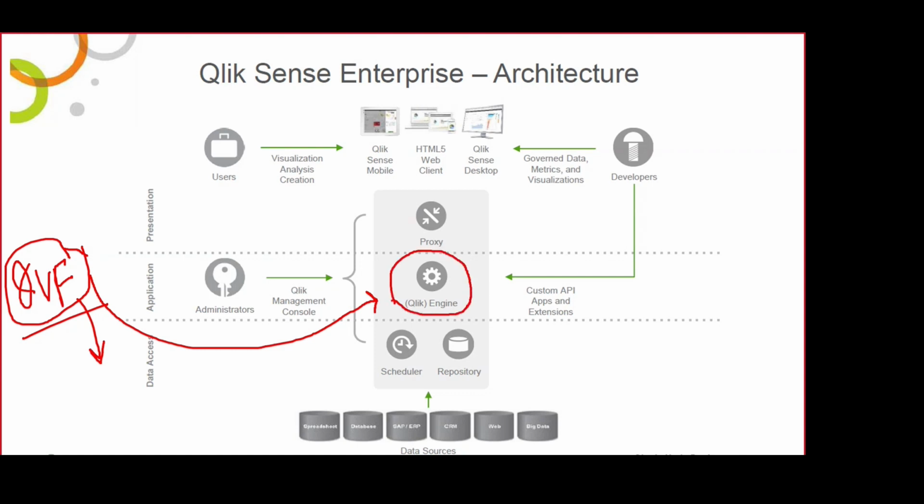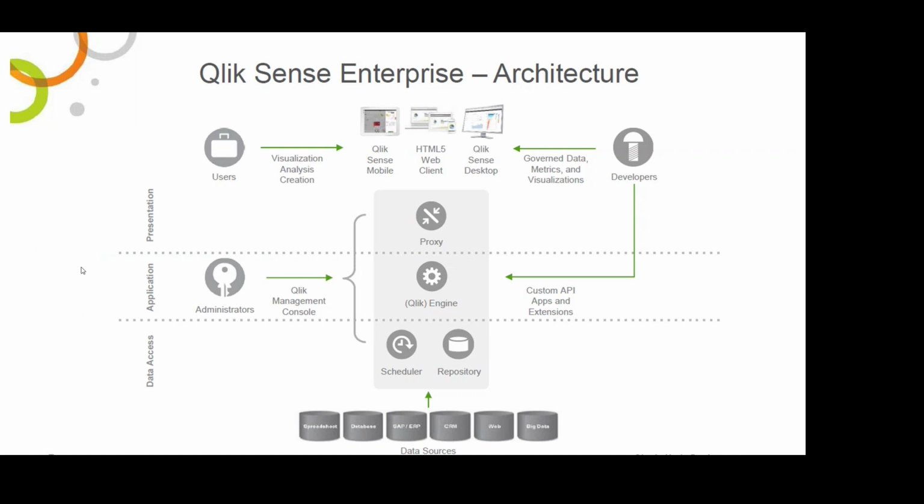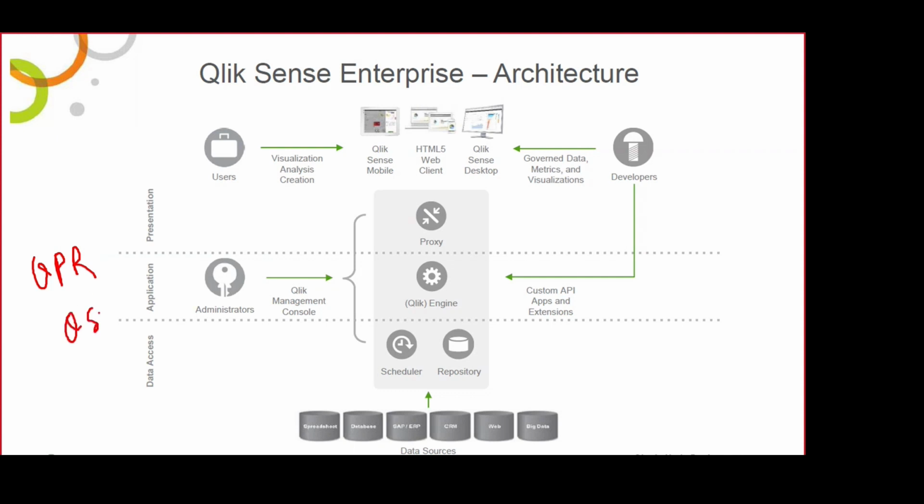Whenever you bring these QVFs into the apps folder, the Qlik Engine can recognize them and show them up in the dashboard. Now there are some services which are running in the backend. Beyond the 5 key services, there are QPR and QSD. QPR is the Qlik Sense Printing Service. That is where it comes into the picture when you export some data from the dashboard in the form of a PDF or a report. And then there is the Qlik Sense Dispatcher, which acts as an integrator between multiple services.